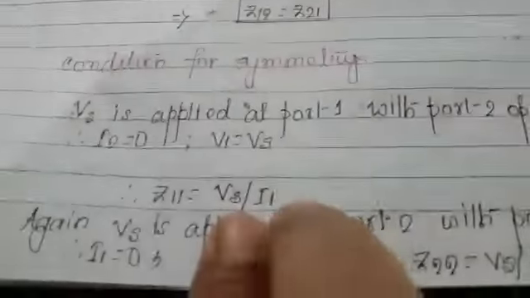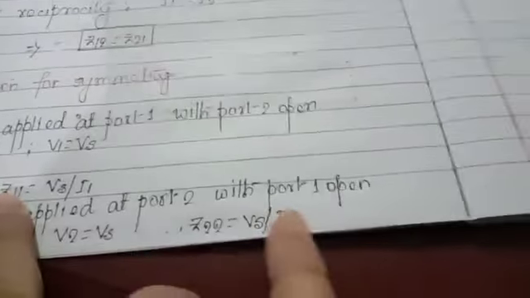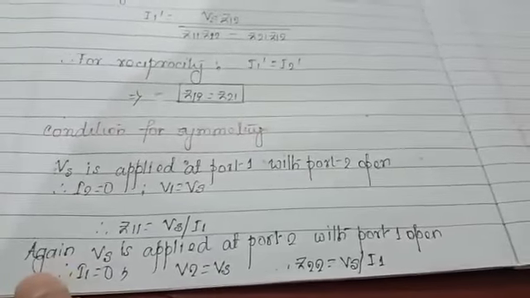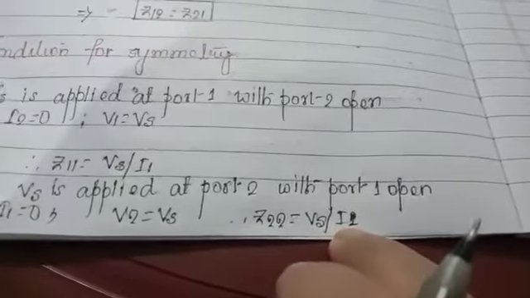So Vs by I1, that is Z11, should be equal to Vs by I2. Make a correction in your note. Vs by this will be I2.